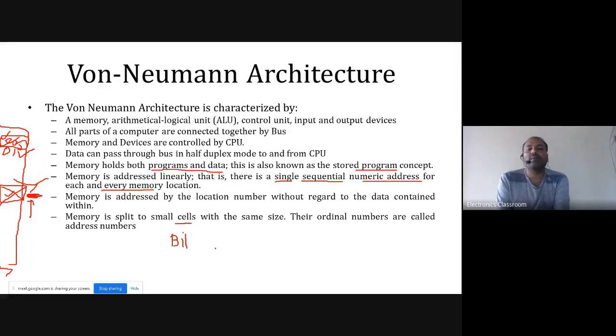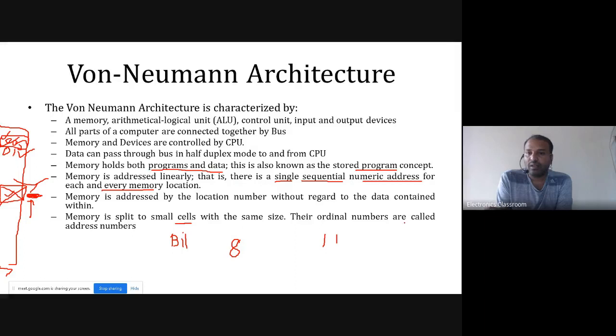Our regular data memory is split into 8 such small cells of the same size, so each cell holds only one bit.